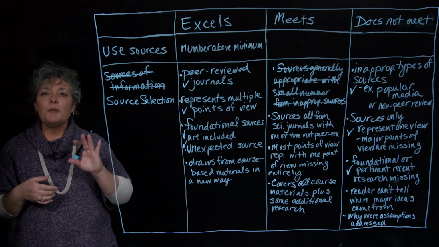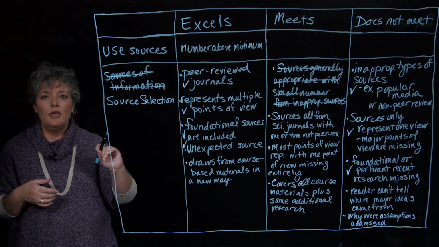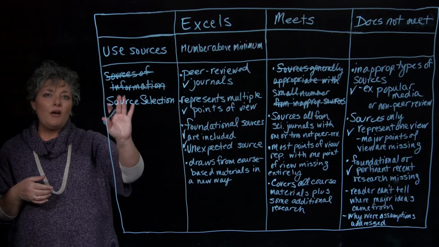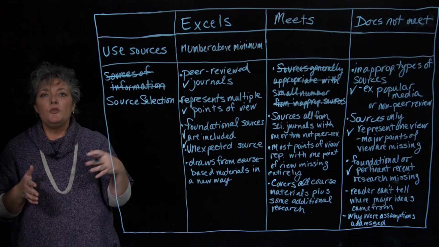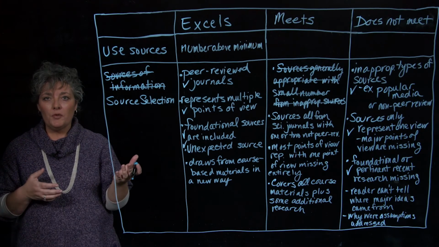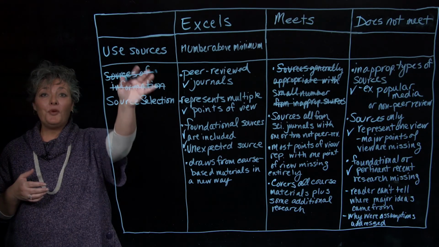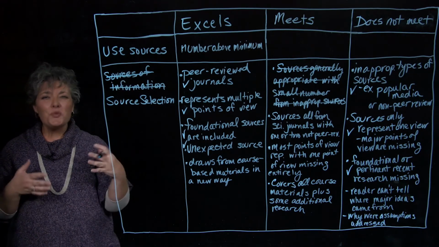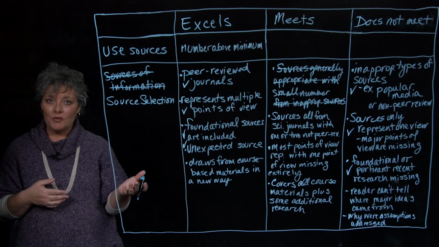Early on, I separated out source selection from use of sources. If you want to go back and write out use of sources, you can, but the general idea is this. You can see clearly how much we've already covered with just source selection. If you combine source selection with use of sources, then it becomes really confusing as to what the student has done well and what they haven't done well.